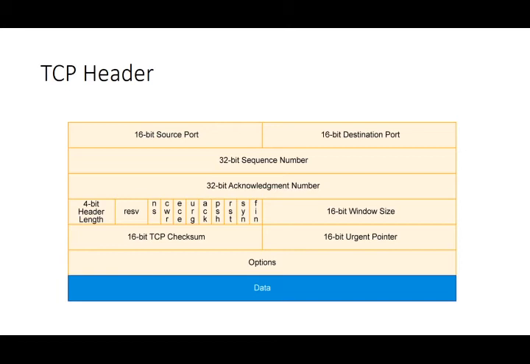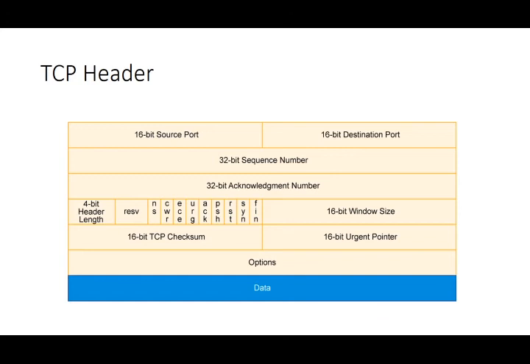We have that 16-bit TCP checksum again. We are going to make sure that the segment is not corrupted, that the header is not corrupted, and then we have a 16-bit window size. The way that this window size works is as a sliding window.